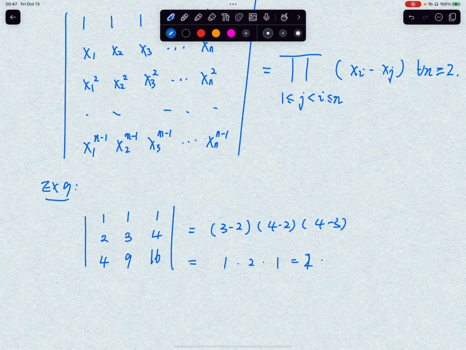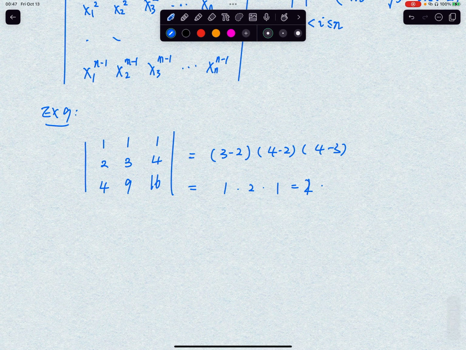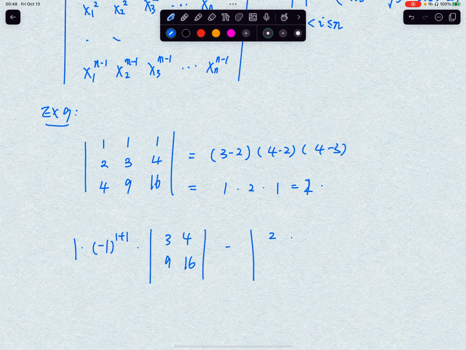So it is 2. And if we calculate this directly, we just apply the definition. So we have 1 times (-1)^(1+1), expanding the first row, times the determinant of 3, 4, 9, 16, minus the determinant of 2, 4, 4, 16, plus the determinant of 2, 3, 4, 9.